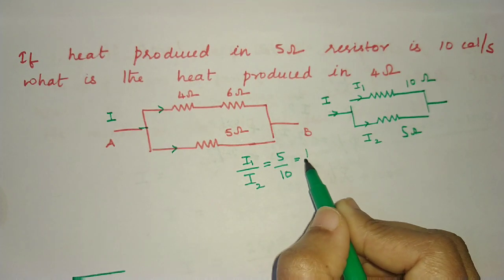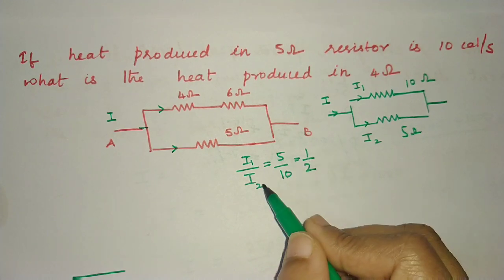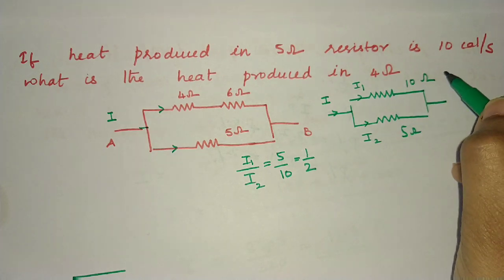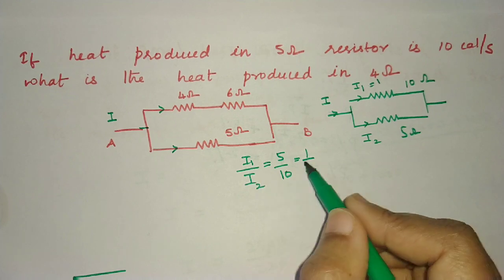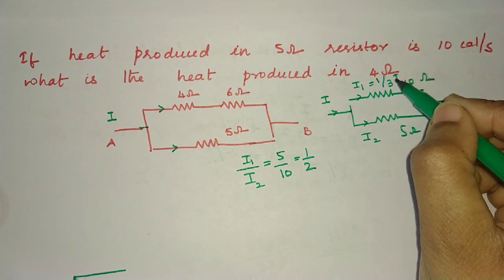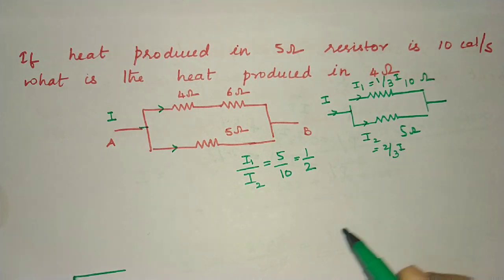Is it in the ratio 1 by 2? That means I1 will get 1 part out of 3. I2 will get 2 out of 3. So I1 will be 1/3 of total current. I2 will be 2/3 of total current.